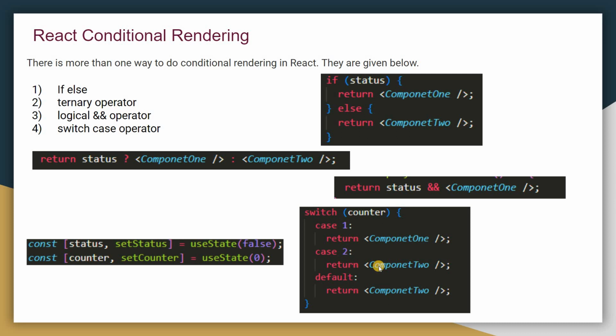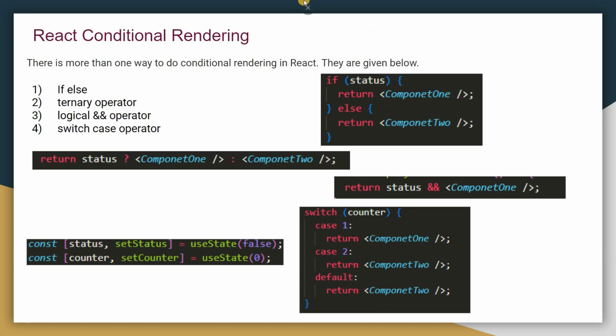If the value is 2, we want to display component 2. And except for 1 and 2, for any other value like 3, 4, 5 or 0, we want to display component 2. So these are the 4 ways by which we can render a particular section in our React component.